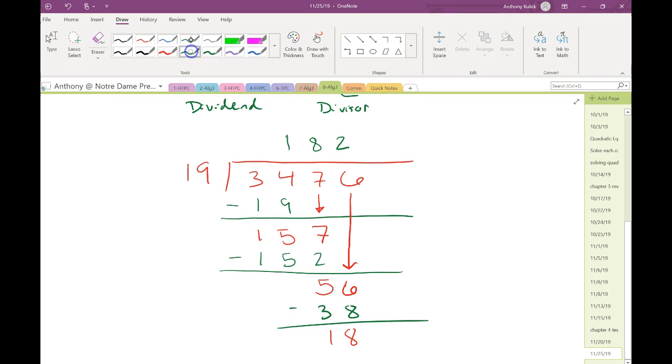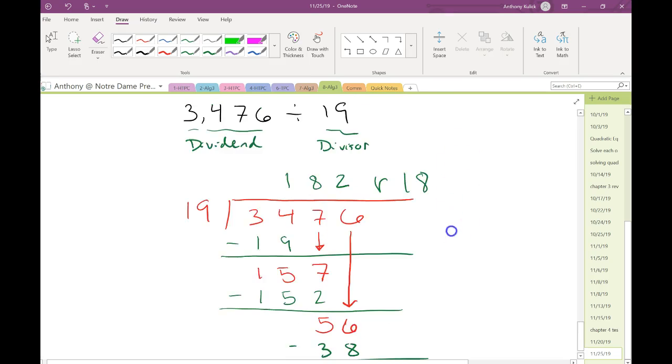So at the end, we would write remainder 18. Everybody kind of remember doing this? But this is not the way we like to write our final answer, right?